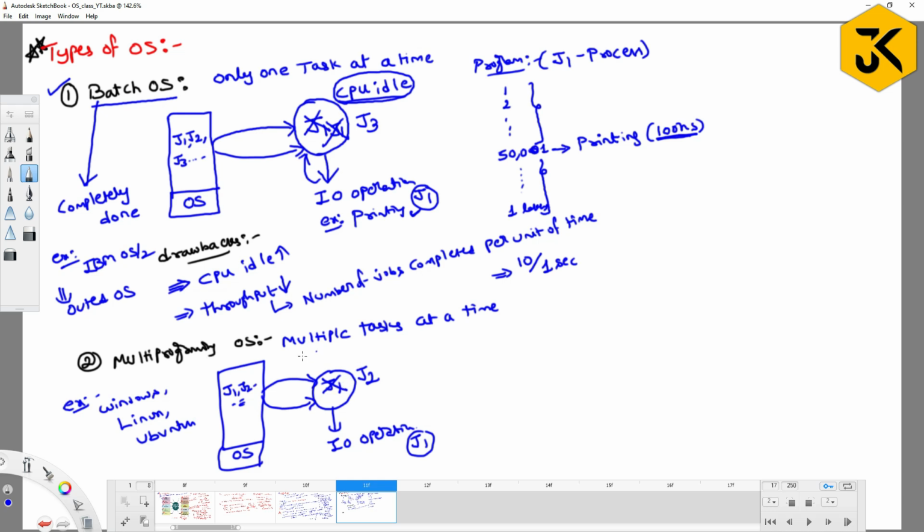So here in multi-programming operating system, we are able to switch from one job to another job, right? We can say that switching or multiplexing among the programs is what we call multi-programming operating systems, right?